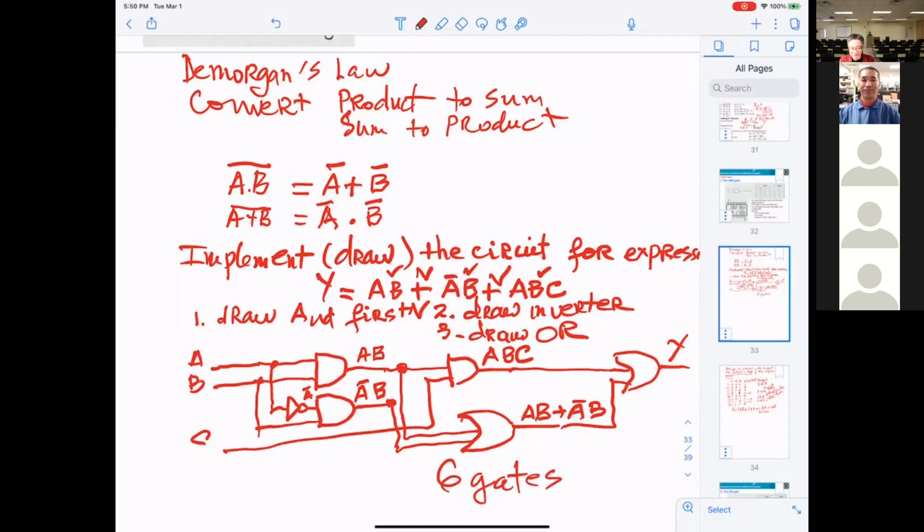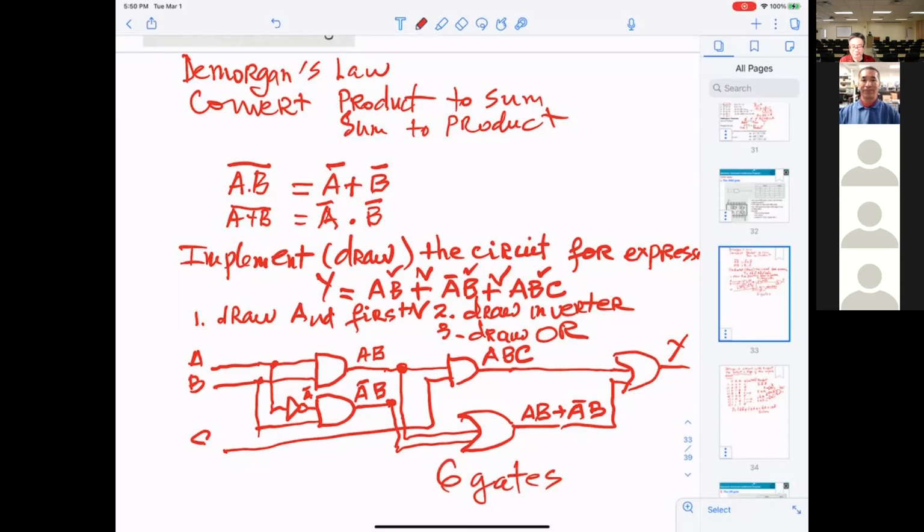Okay? Now, normally when you draw that 6 gate circuit, basically they're not built. They have to use Boolean algebra to simplify the circuitry in order to get the minimum number of gates.